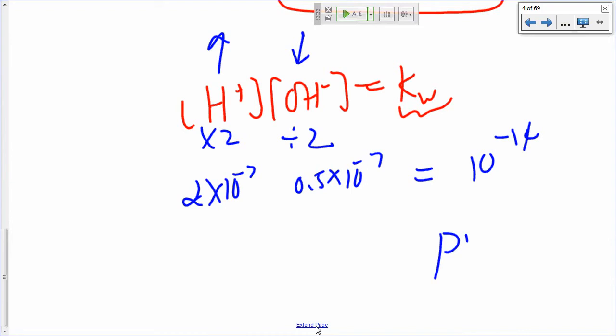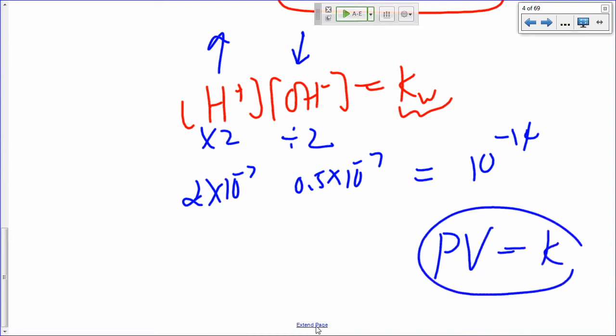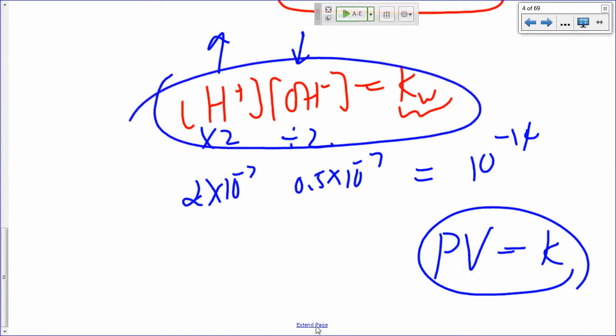Whenever the product of two things is a constant, we say they are inversely proportional. Remember Boyle's law? Pressure times volume equals constant. Pressure goes up, volume goes down. Same idea here. So anytime you alter the concentration of H plus and hydroxide, you can still figure out what the concentration of the other one is.